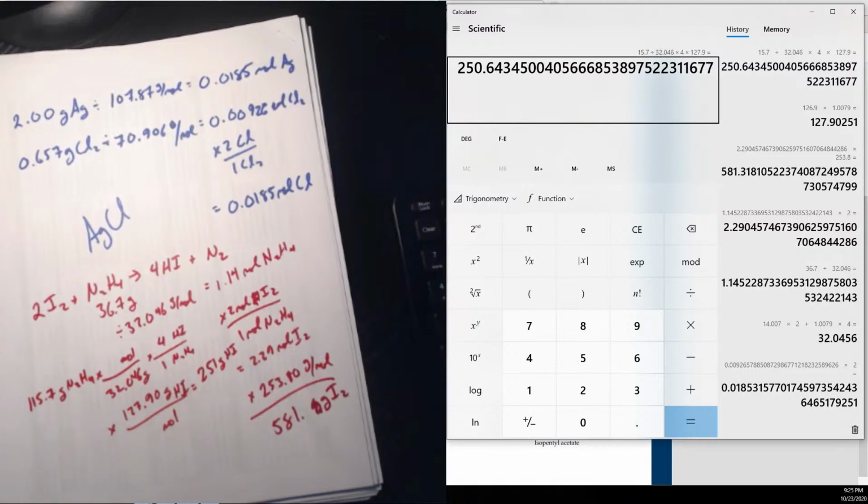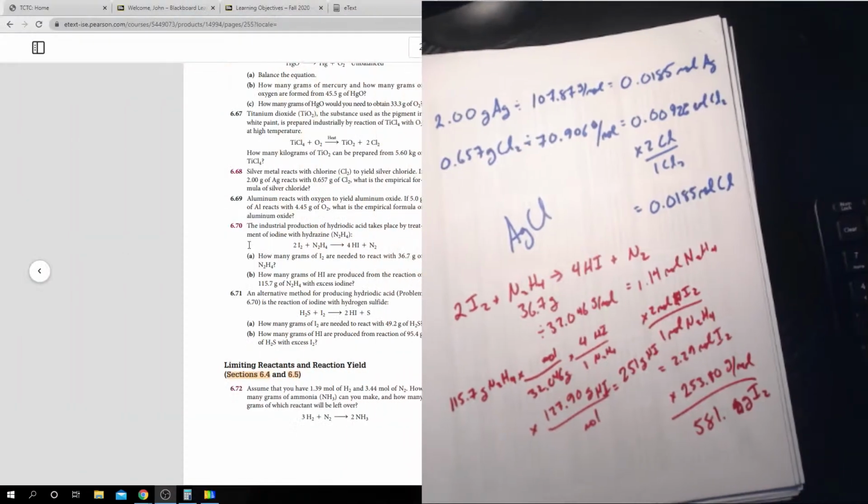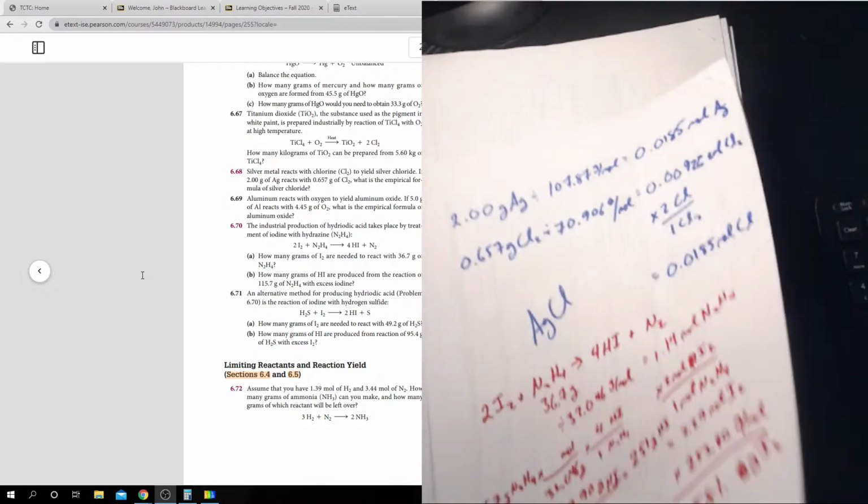All right. 72. Assume that you have 1.39 moles of hydrogen gas and 3.44 moles of nitrogen gas. How many grams of ammonia can you make, and how many grams of which reactant will be left over? All right. So, limiting reactant problem, pretty straightforward.